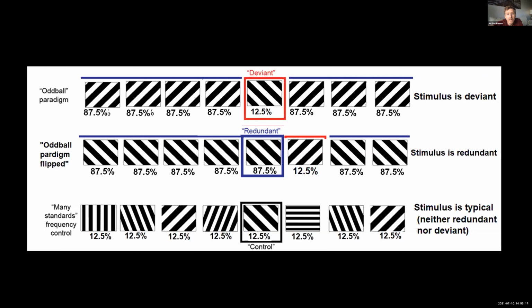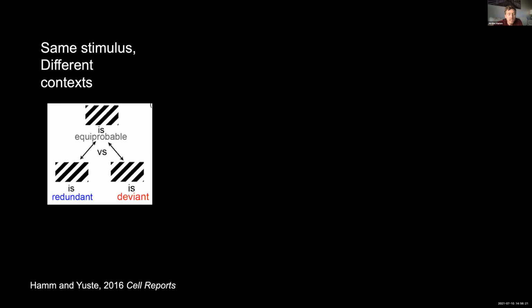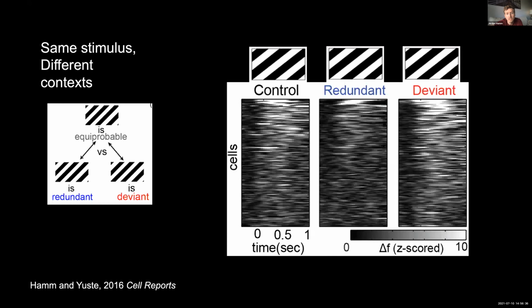So by comparing cortical responses across these three contexts, we can measure responses in the same neurons to the same stimulus when it is equally probable as other orientations versus when it is highly predictable or redundant versus when it is contextually deviant. And so that's what you see here across the horizontal. These are the same neurons across three different contexts.